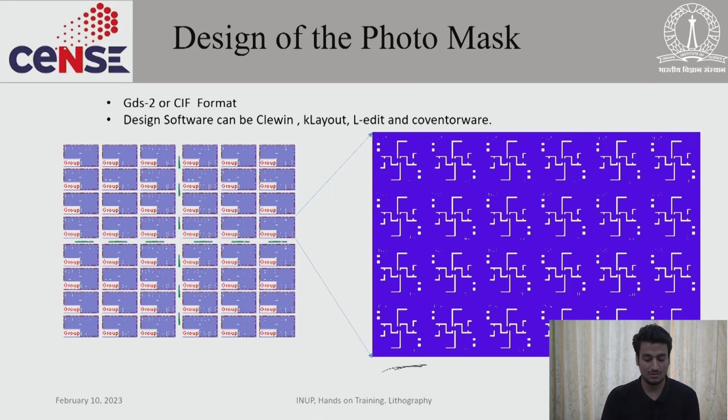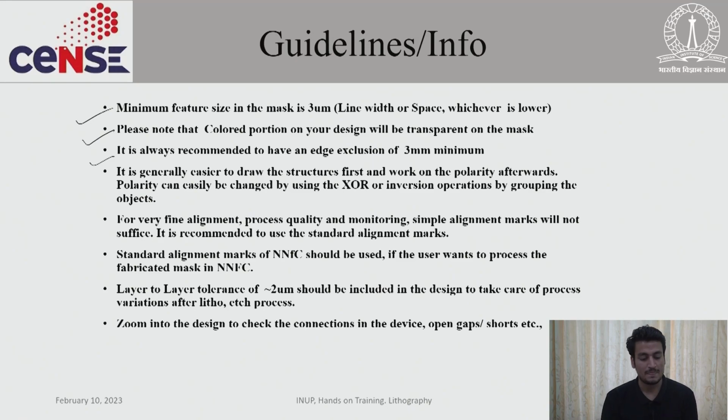Once your design is ready, you can later change the polarity of your design. That's up to your requirement. We can change the polarity by using different functions, XOR or inversion. If we invert this design, or go for XOR, this white region will become colored, and this colored region will become white. It will basically invert the polarity of the design.